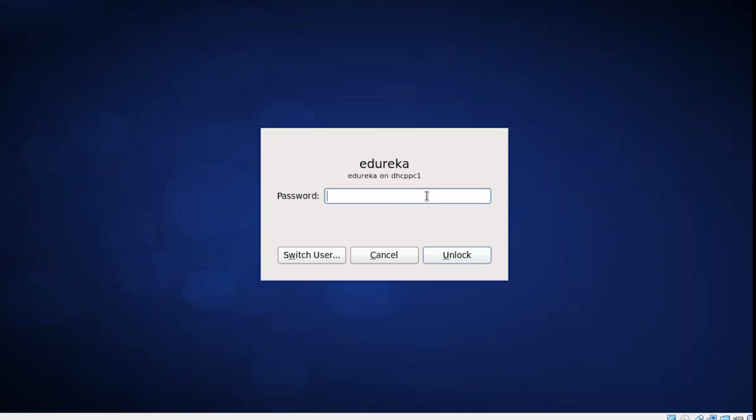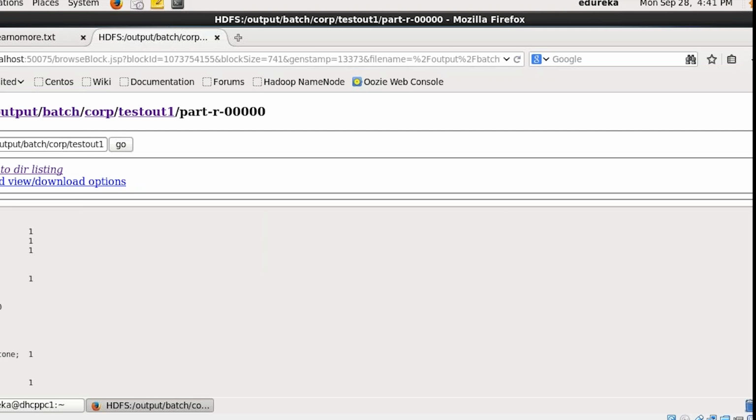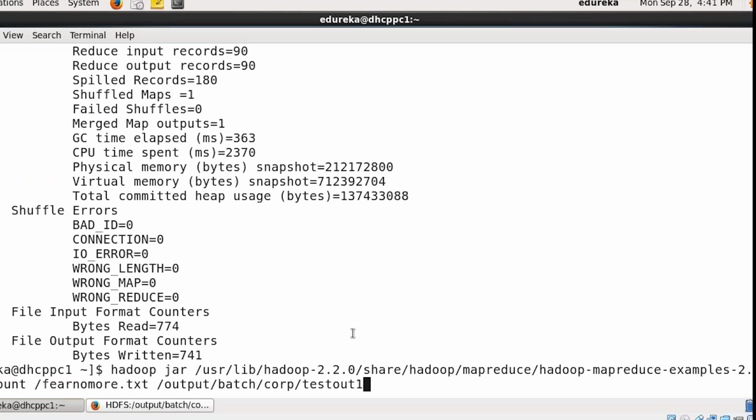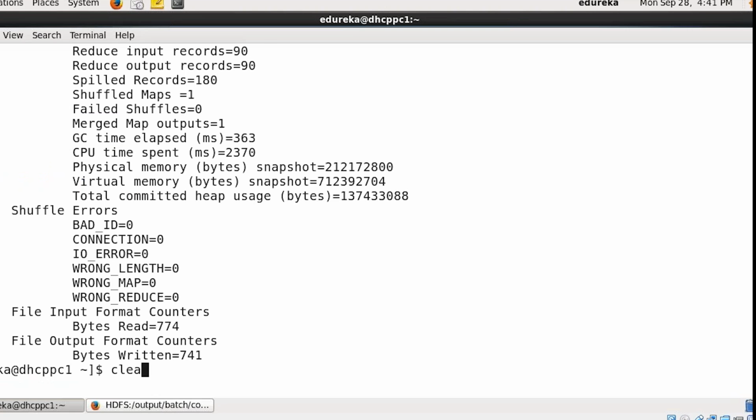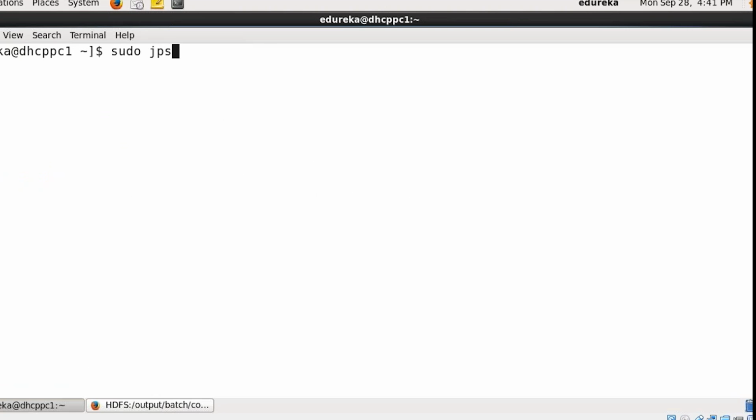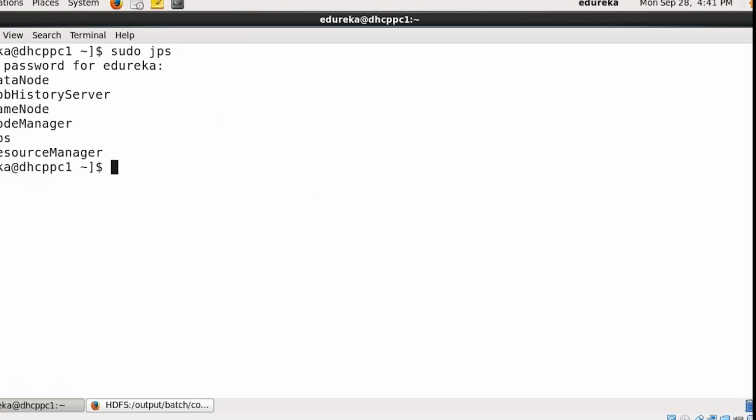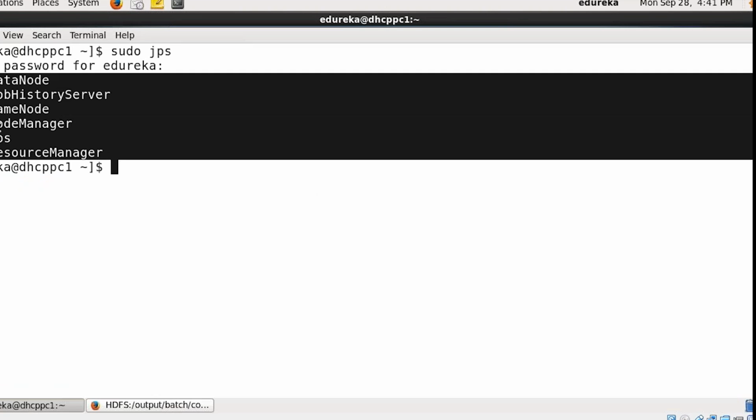So all the components, all the daemons, for example, if I try to see the Java processes, everything is written using Java. There are n number of daemons running, as they are running as daemons in one single machine itself, right?